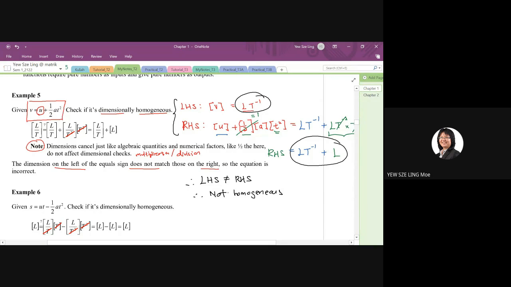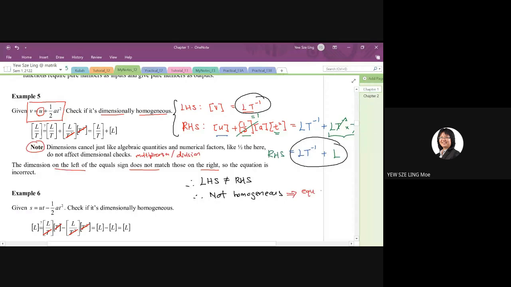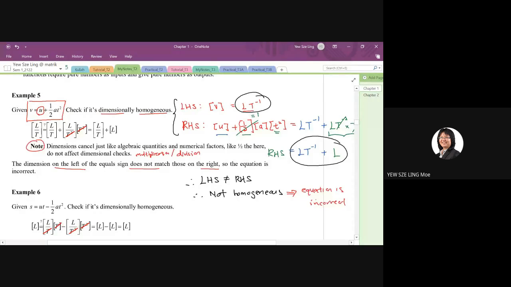Now, when it is not homogeneous, straight away we can say the equation is incorrect. That's why I told you just now, you can use dimensional analysis to prove that an equation is wrong, by checking the homogeneity. So if they are not homogeneous, then definitely the equation is wrong.